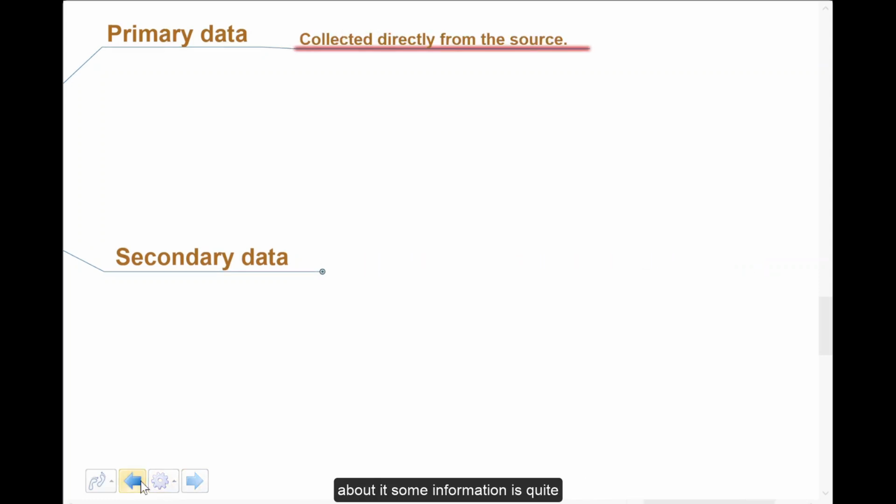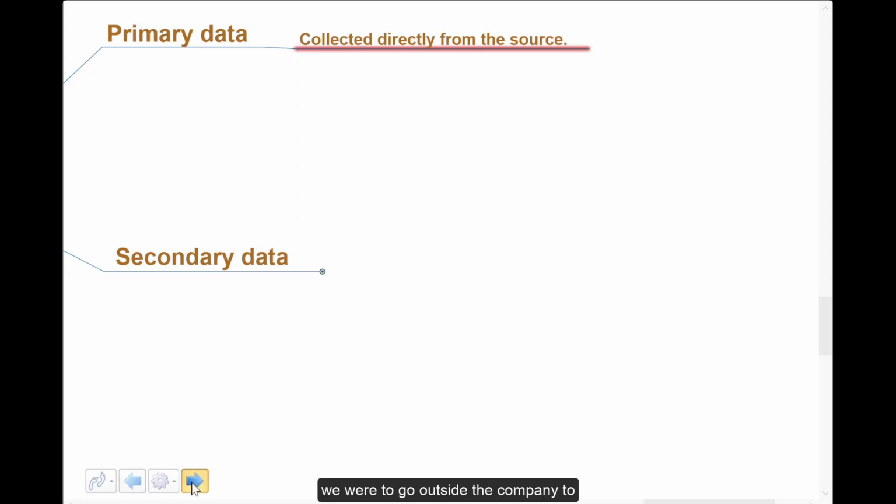Well, think about it. Some information is quite easily had. So, as an example, if I was looking for management information in relation to results over the last 3 months, that would be fairly easy to find because I could simply dig into the management accounting system. The source is the company.